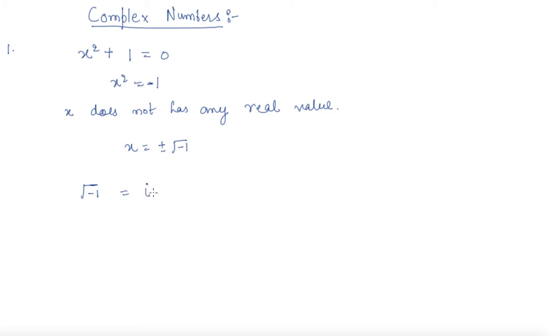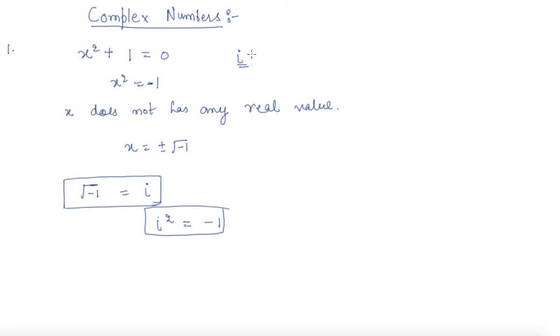So the sign iota is equal to root of minus 1, and from here we get that the value of iota square will be minus 1. So now we can say that the roots, or the solution, of this equation will be iota, the imaginary, or you can say the complex number.